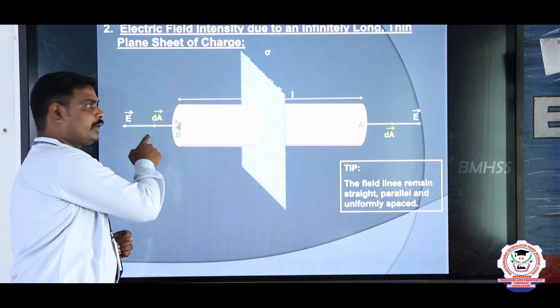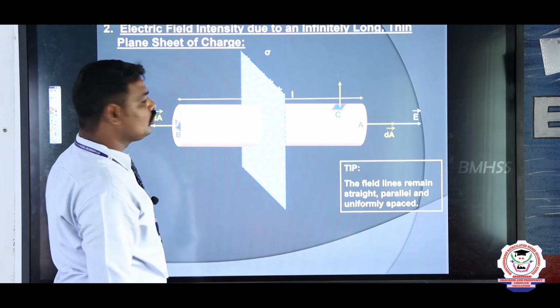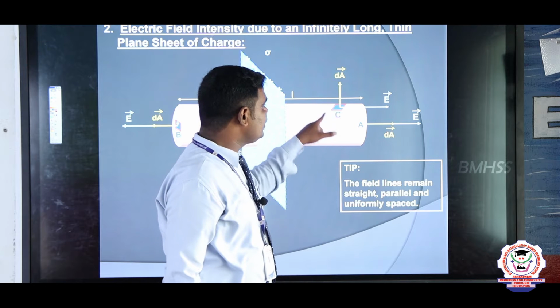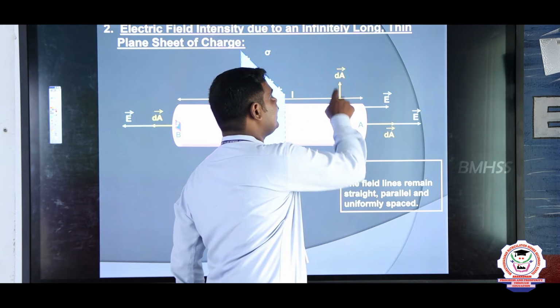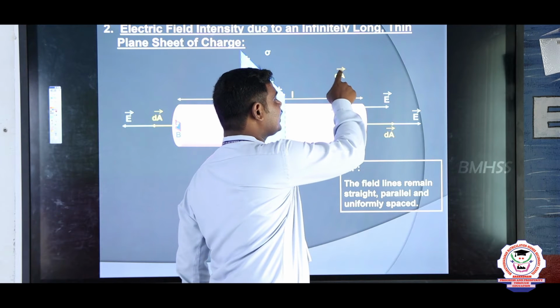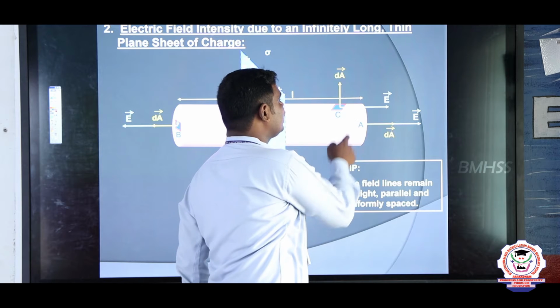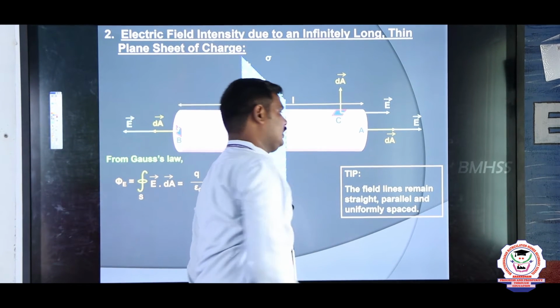Here also theta is equal to 0 degrees. Now we have to find one more surface, C. In this area, this is the direction of the normal dA vector, and the electric field acts in this direction. Here the angle is 90 degrees at point C.